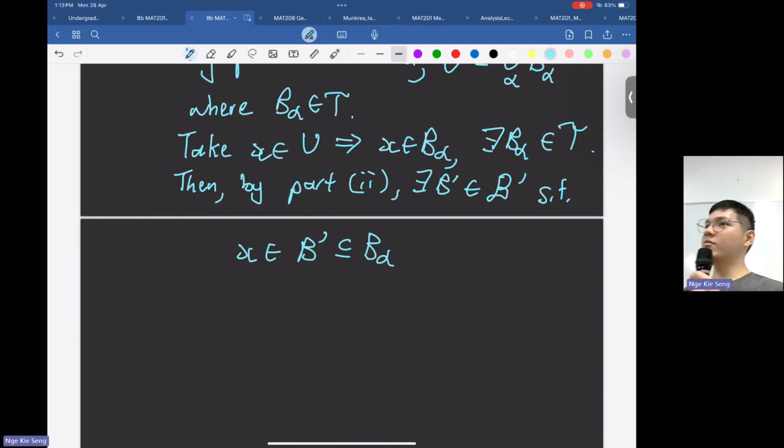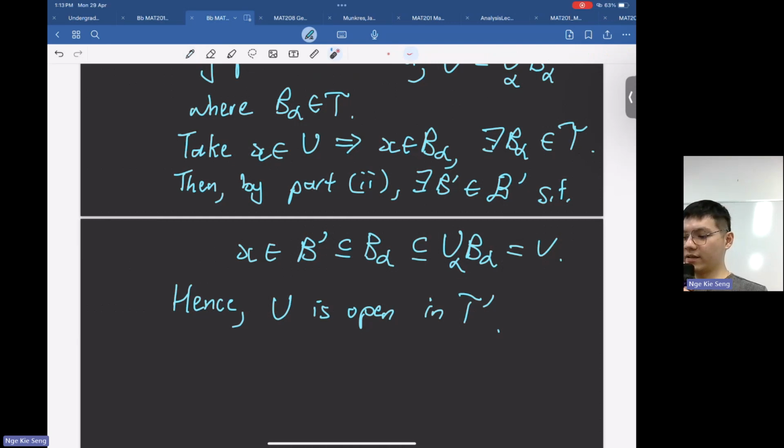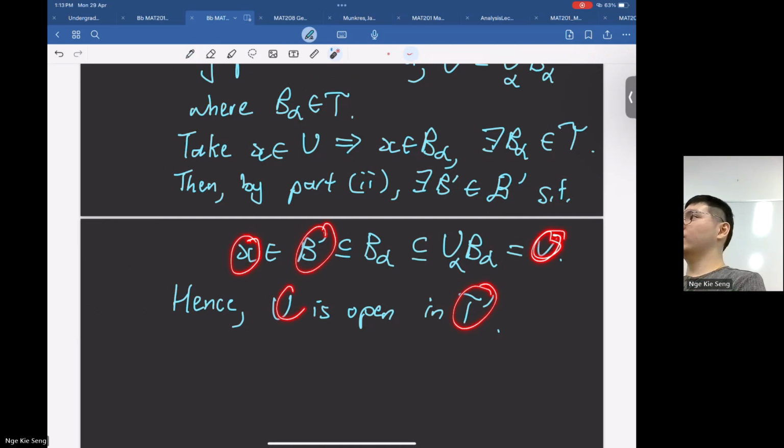But if you are in one of the B alpha, this is in the union of B alpha, which equals U. So you have a B prime in U. So U is open in T prime because you found a basis element in T prime which contains X and is contained in U.